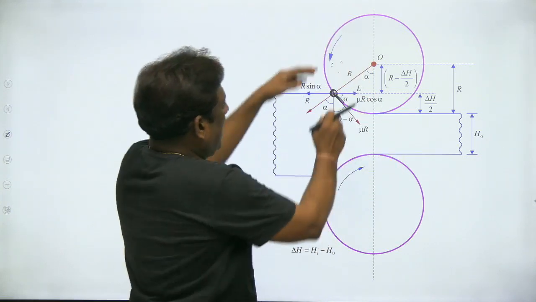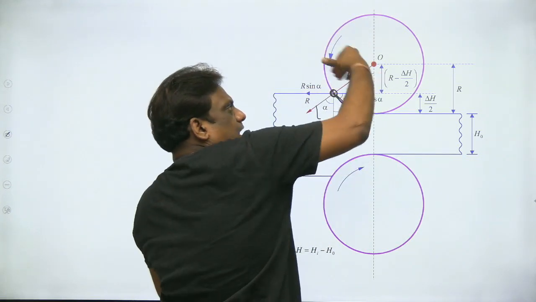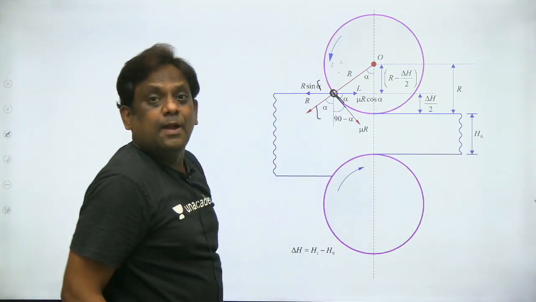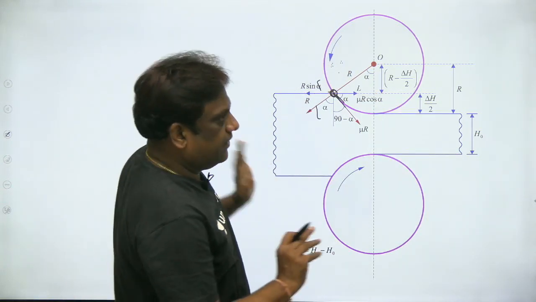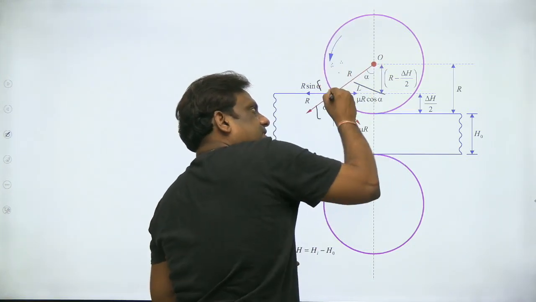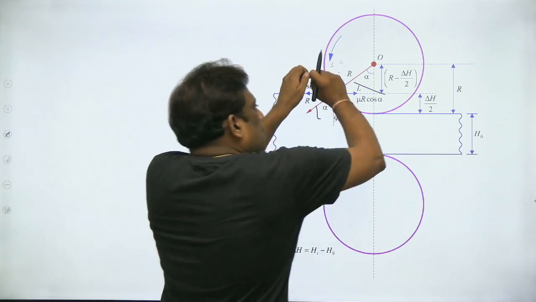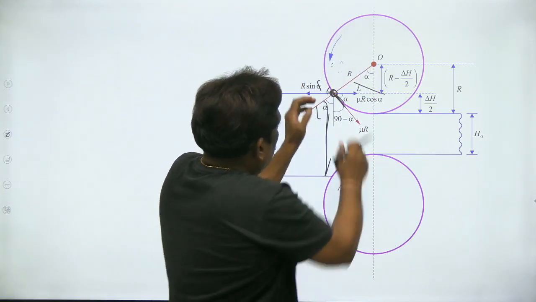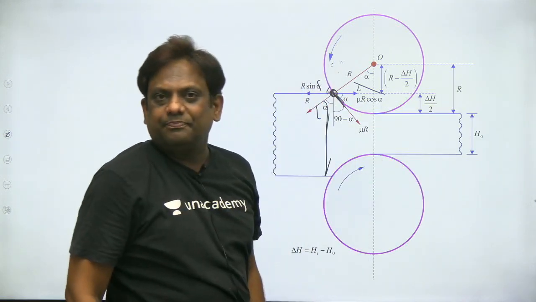So if the roller velocity is more, then only it will drag and pull. This means at the inlet, when this is rolling, this tangential velocity should be more than this, then only it will pull. If the roller velocity at the inlet is more, then only it will pull.